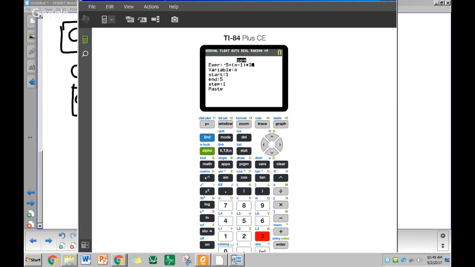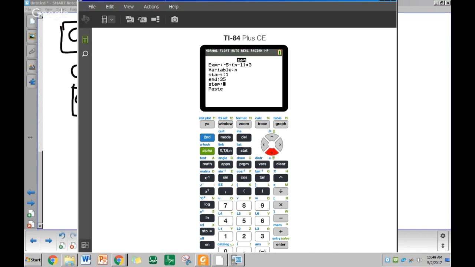Now I'm going to scroll down and your variable is n. You have to tell the calculator what variable it's plugging in. Then we're going to start with the first term and end with the 35th, because that's what I did over here.